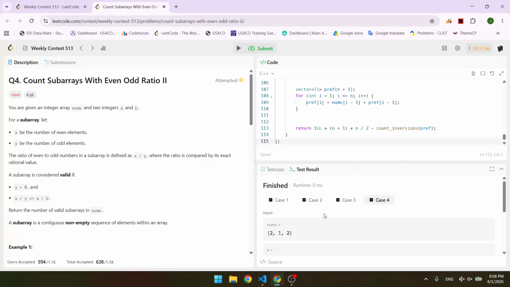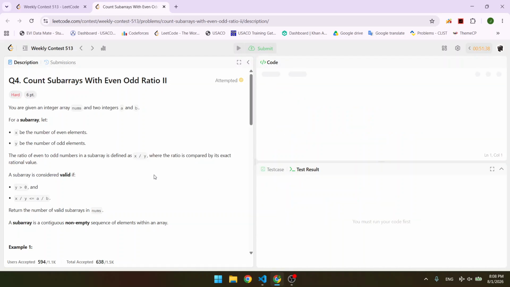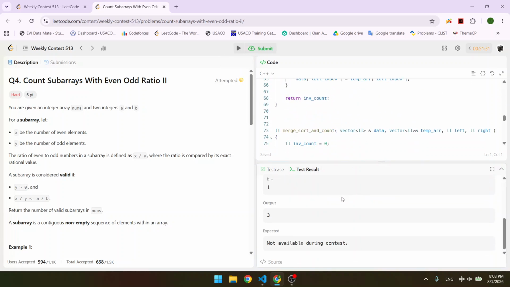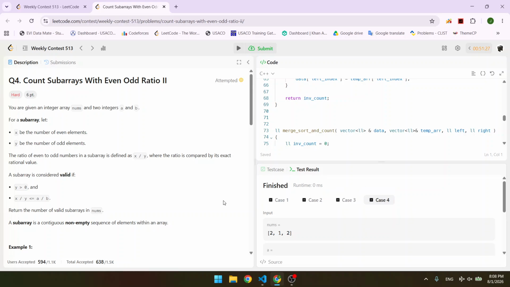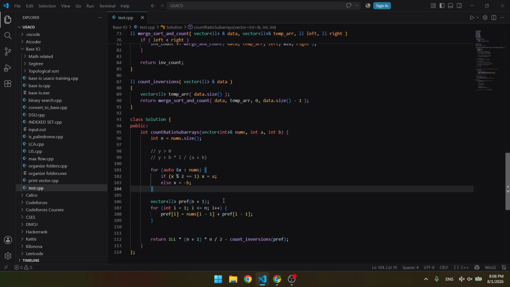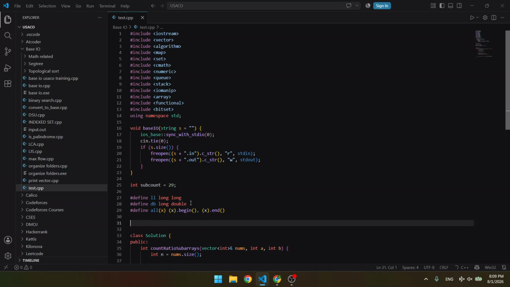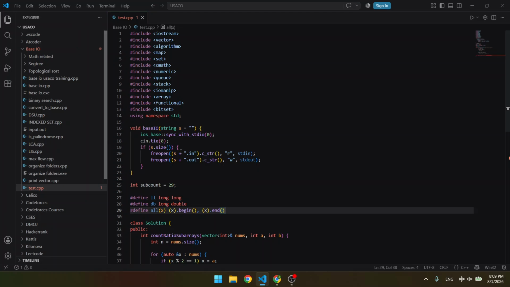Three. Probably something wrong with the inversions. I'll just write the inversions myself. Let's see.